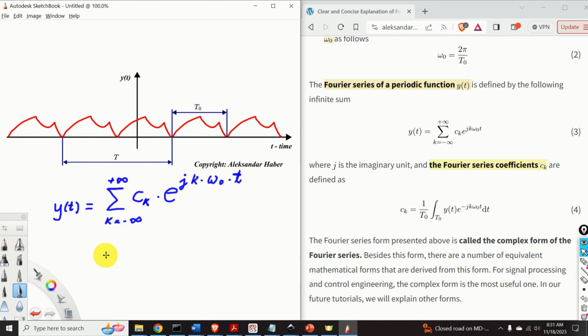The coefficient Ck is computed like this. Ck is 1 over T0 integral over the fundamental period interval, that is over this interval, y of t, multiplying this complex exponential, e to the power minus j k omega 0 t, and dt.